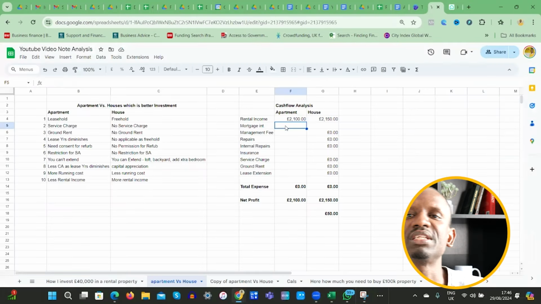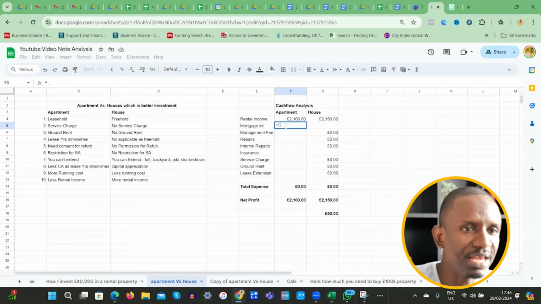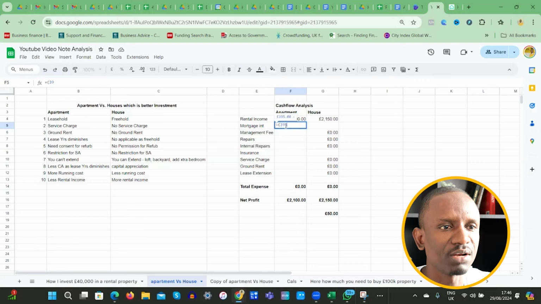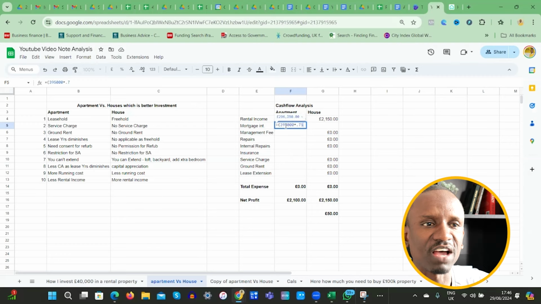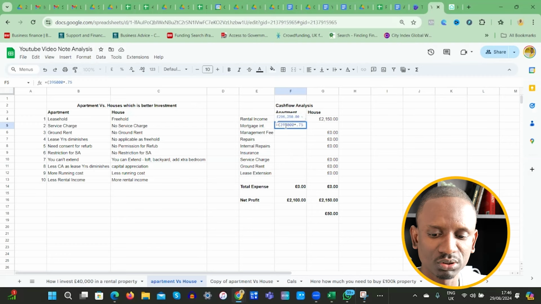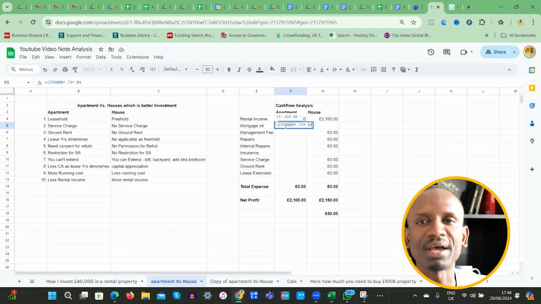So what we're now going to do is work out how much interest we are going to pay should we get a mortgage to buy these properties. So we know we're buying the property at £395,000. The bank will lend us 75% of that amount. And then let's estimate our interest for that loan would be 4% a year.